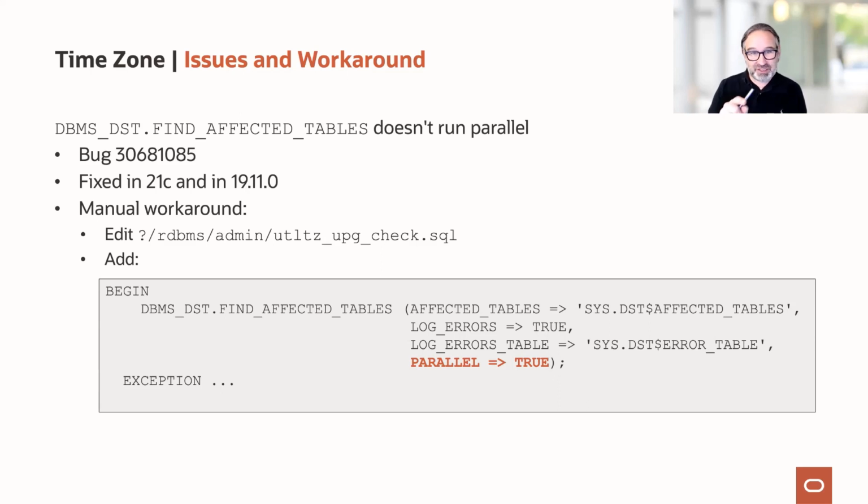When you check the check script, this red part here, parallel equals true, which came in with 19c, or 18c, not sure about that. It wasn't there in 12.2.0.1, but in 19 it's there. You just add this parallel true, and then it runs in parallel. In 19.11, the April RU, and in 21c, by default, the check script has that. Before, simple treatment makes it run much faster.